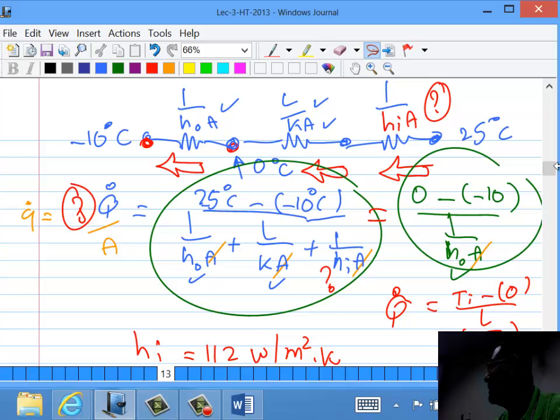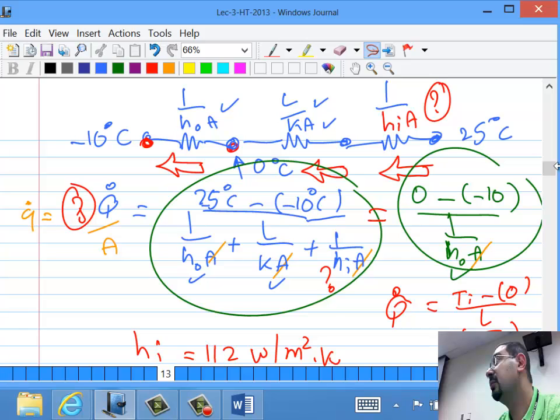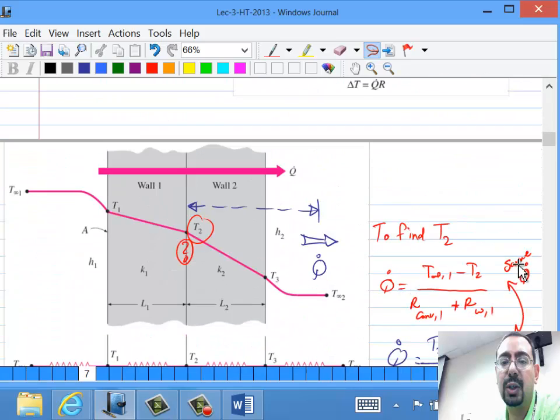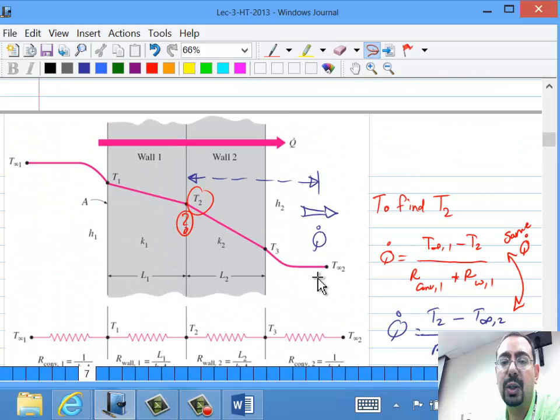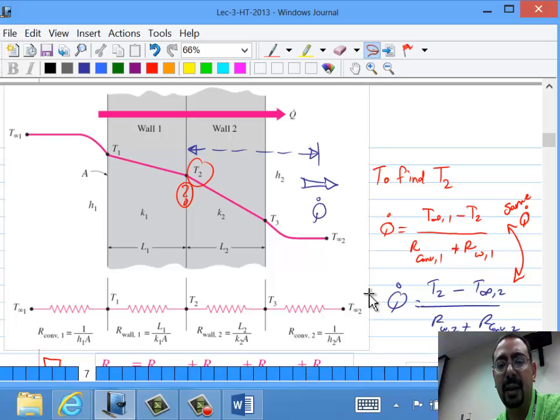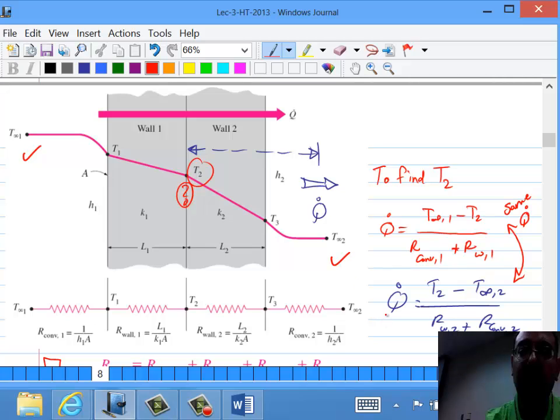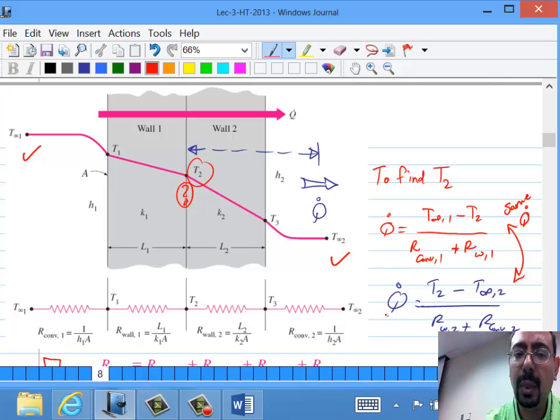All right? So that's what you do if you would like to actually get, say, the temperature in the middle. So if the problem is given like this, and in this scenario, T infinity 1 and T infinity 2 are given, and you would like to calculate the temperature in the middle, and you have all the wall geometries, meaning the K and the L, and the H and the A and everything.